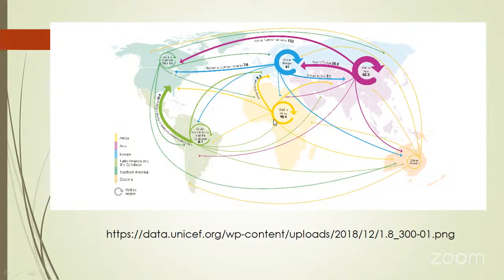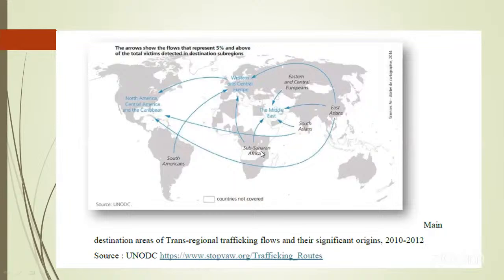So look at this, this is the migrant route. These are major migrant routes. And if I superimpose the trafficking routes, you see, these are the corridors. Why they are the same is that the criminals can hide trafficked individuals among the migrants.